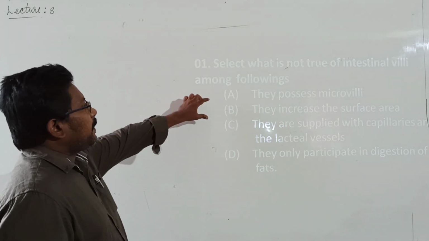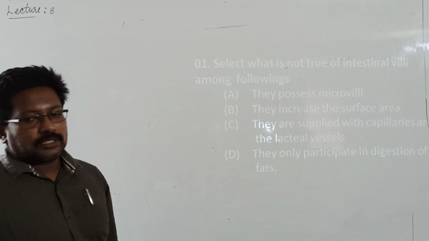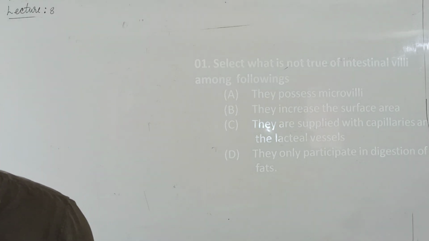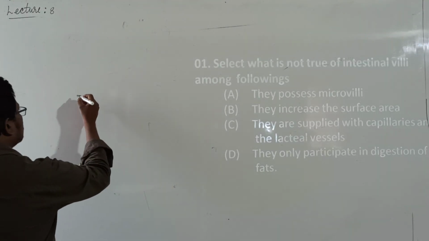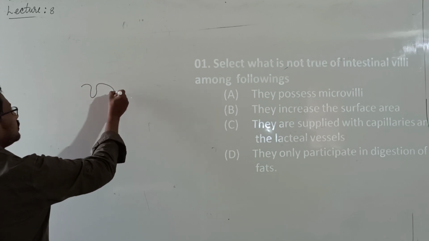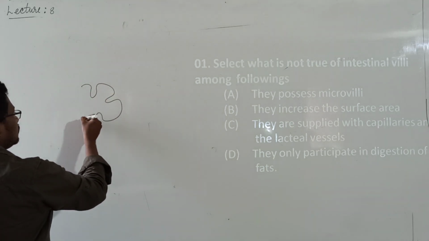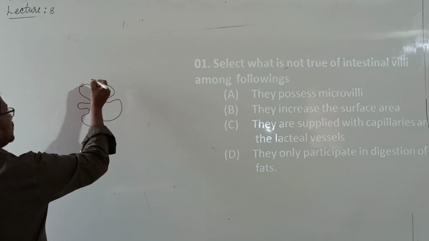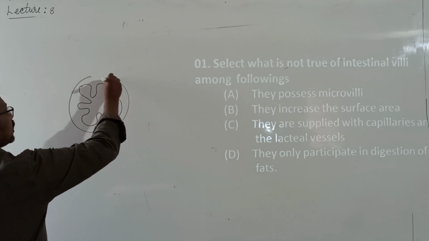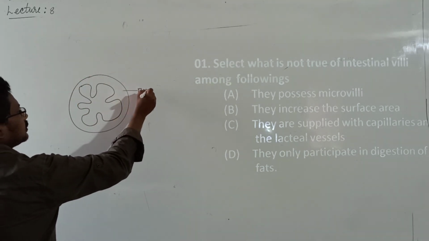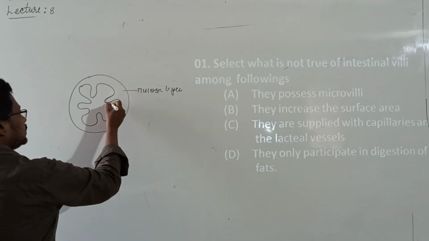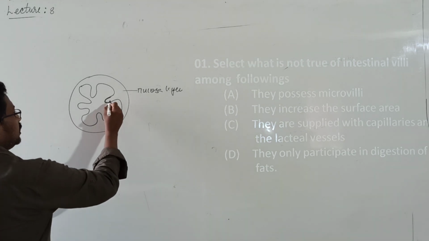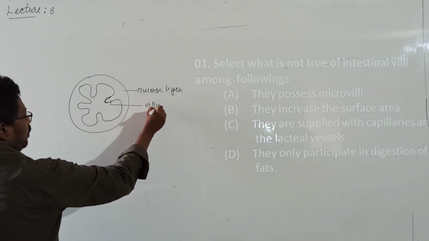So here the first one, they possess microvilli, right, so when we discussed the structure, inside you may find these finger-like projections. Okay, so this is the mucosa layer. You can see this one is the finger-like projection and one is called villus.